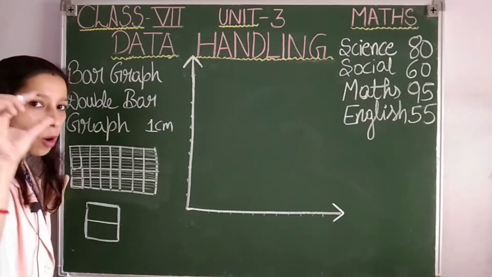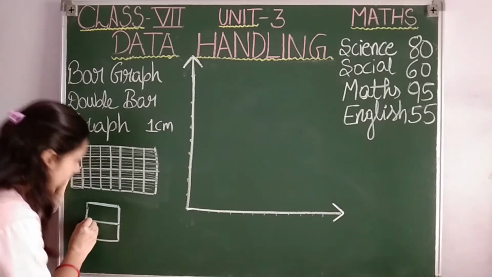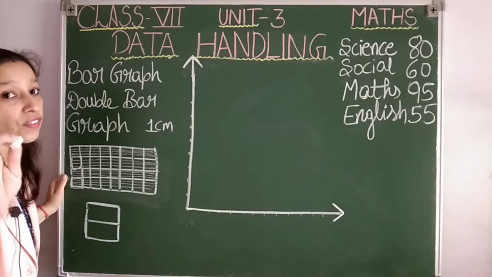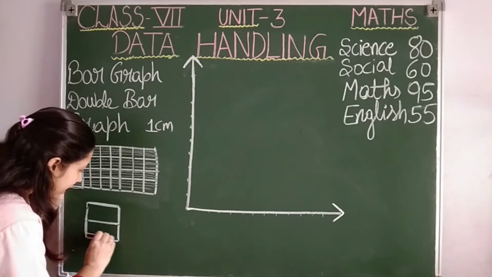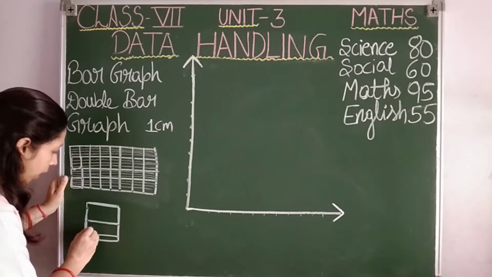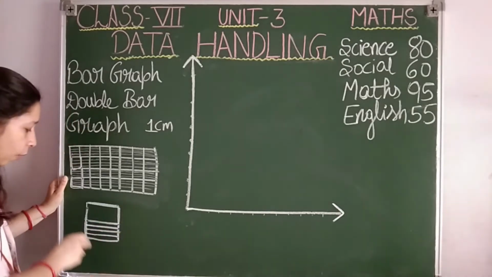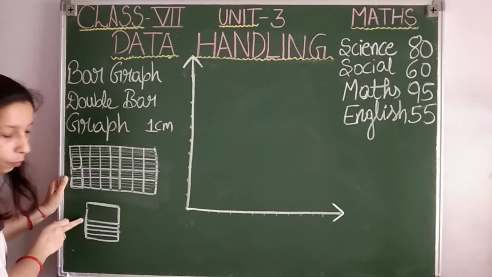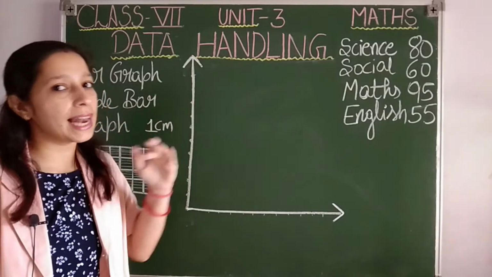When you see a box in the graph paper, you will see in the middle there is a dark line. This dark line represents the 5th point, students. So the first line shows the first point, the second line shows the second point, the third line the third point, the fourth line the fourth point, and this will represent the 5th point. In one box, small 10 lines are there, students.